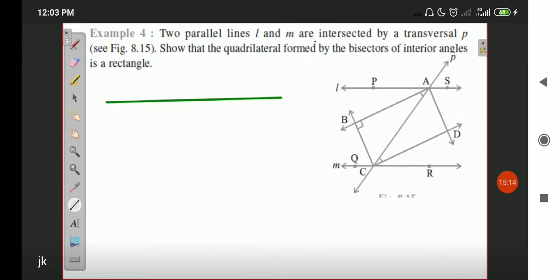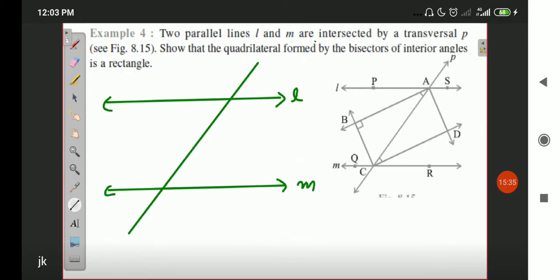This is the first line, let us name it L, and this is the second line, let us name it M. Both of these lines are intersected by a transversal P.